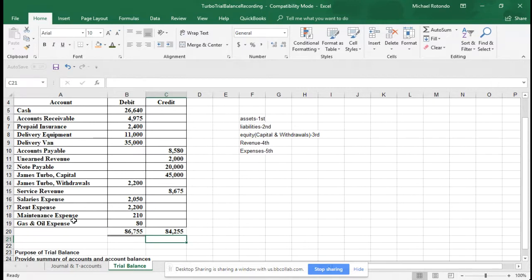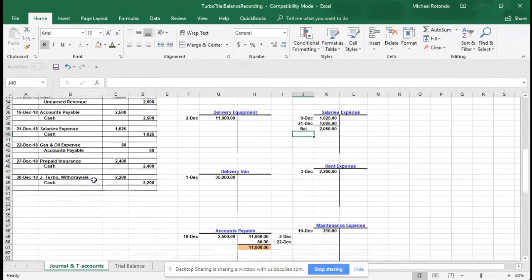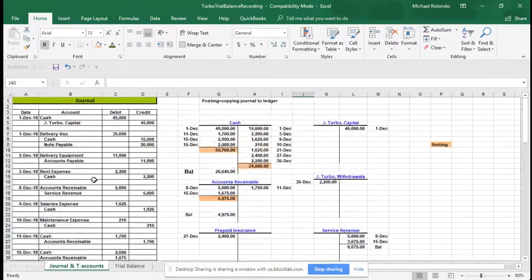So let's find out how much we're off and see if that number makes sense to us. 2,500. Okay. So let's see if we have a $2,500 entry. So the best place is to go back to the journal and see if we can find something for 2,500.